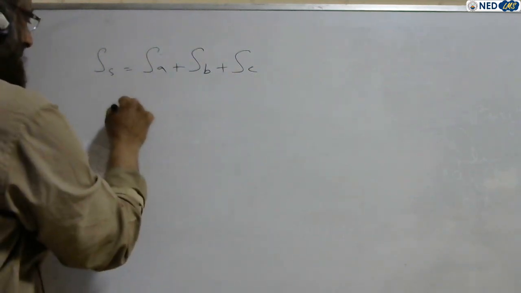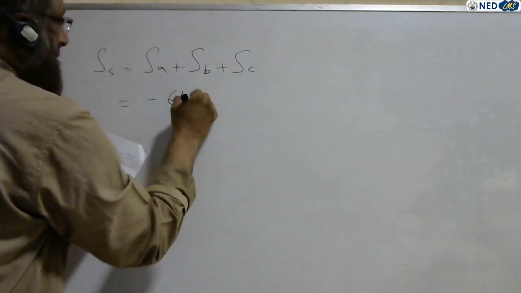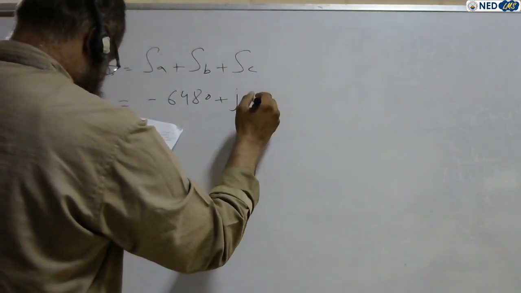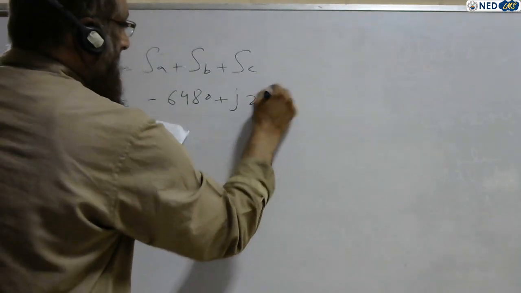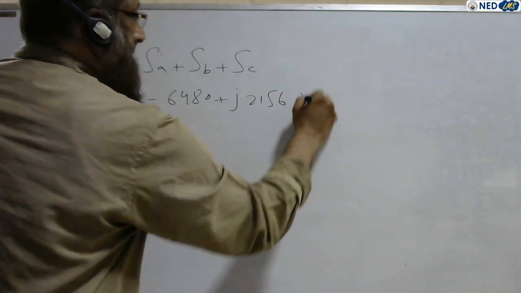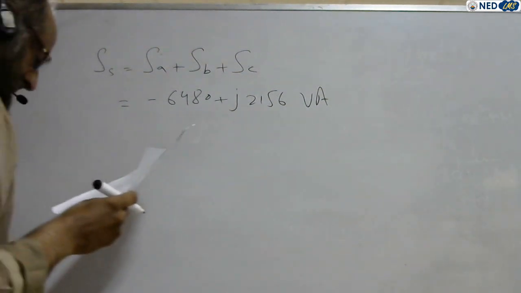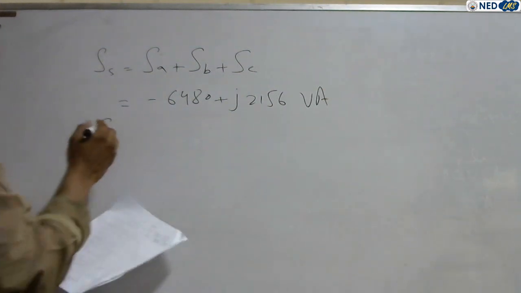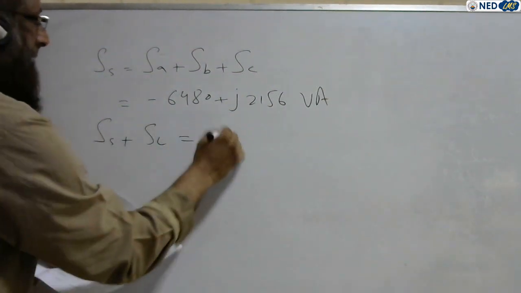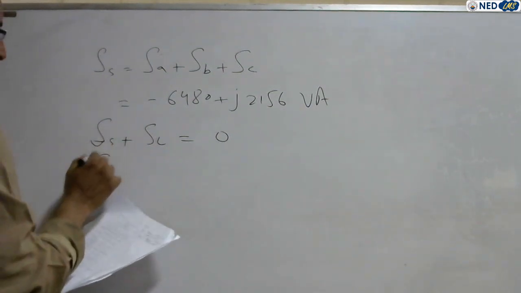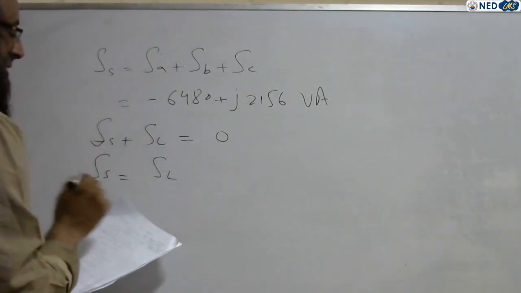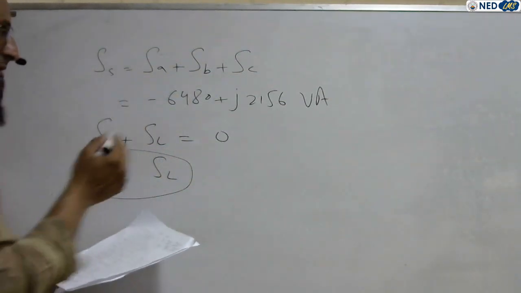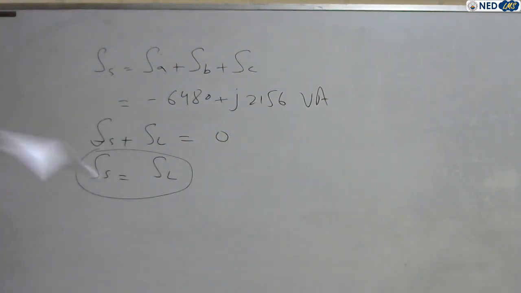When you sum up all, you will get minus 6480 plus J2156 volt ampere. If you sum up this power, that is source plus load, it becomes zero, right? Because whatever the source generated is equal to the load if we neglect transmission lines. So if we sum up these two, we'll get zero. You can verify this. Thank you.